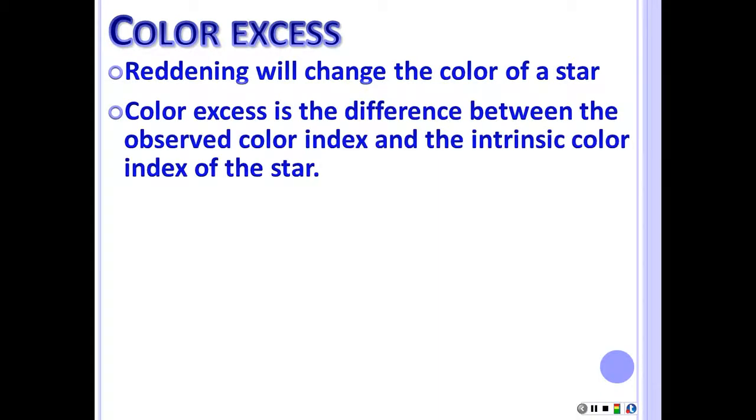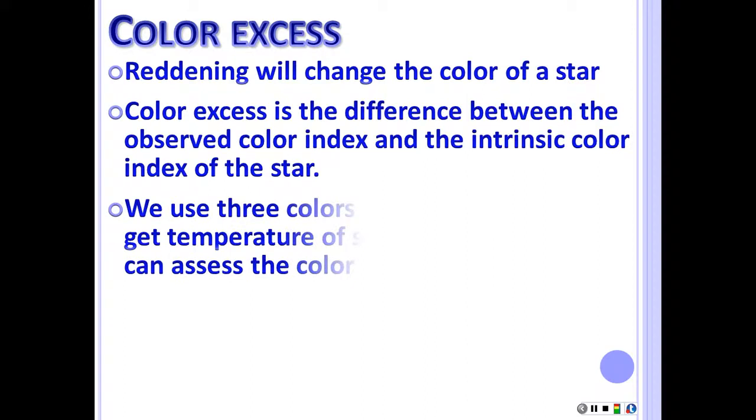We also have something called color excess. So we've got some idea that the color of the star is what we think it should be, and then we measure another color index, and the color index will be off. So basically we've got an intrinsic color for the star, and we've got more brightness in some color. That is called a color excess.